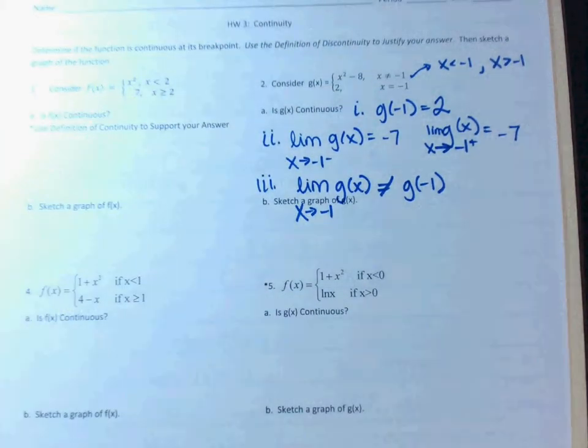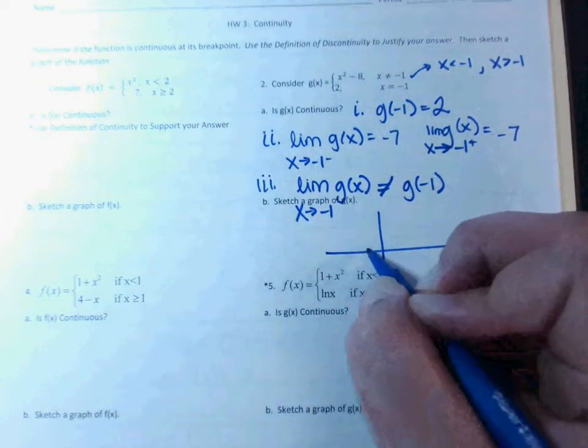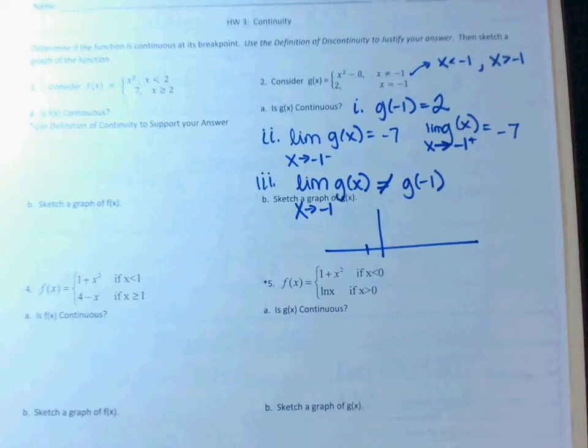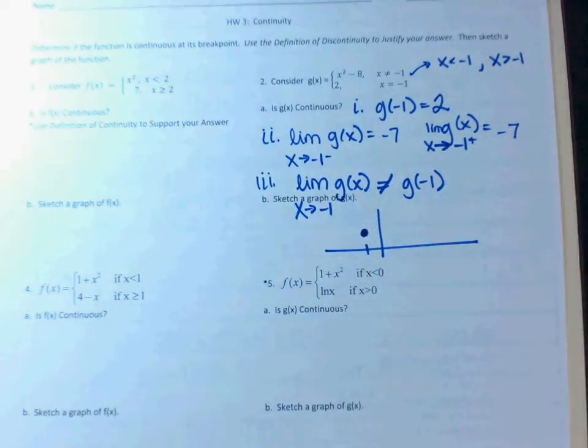Okay, then it says to sketch a graph. Negative 1 is here. Where is my y value at negative 1? 2. So I'm going to put a dot here. And then everywhere else on the graph, when x is not negative 1, I'm using x squared minus 8. What shape is that? Parabola. How's it shifted with the minus 8? Down 8. Where's the hole going to be at?